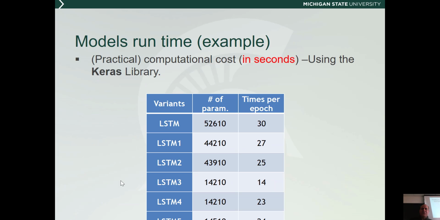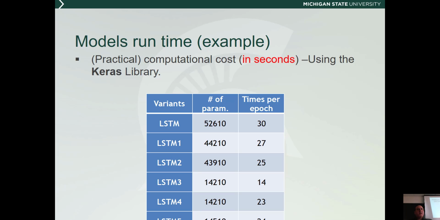And you look at how much time it takes among these different variants. There's the LSTM, with its total number of parameters. We list the number of parameters, and obviously we use one platform using Keras. For the platform we have, a CPU platform, we compare how many seconds it takes for every epoch.